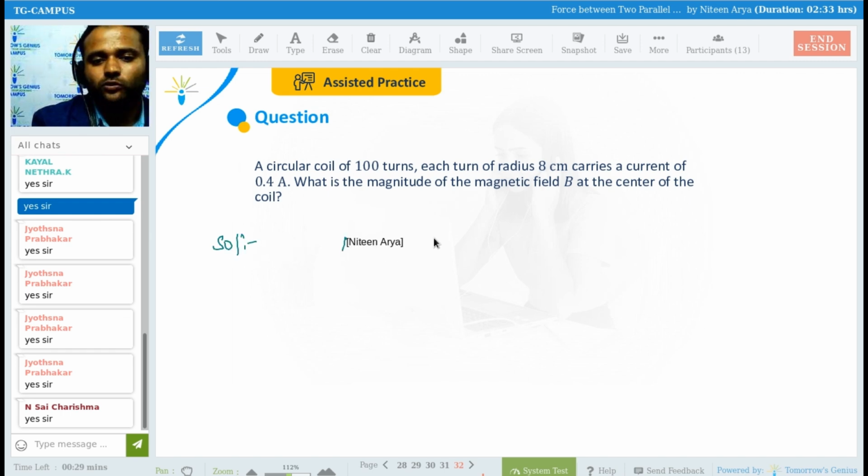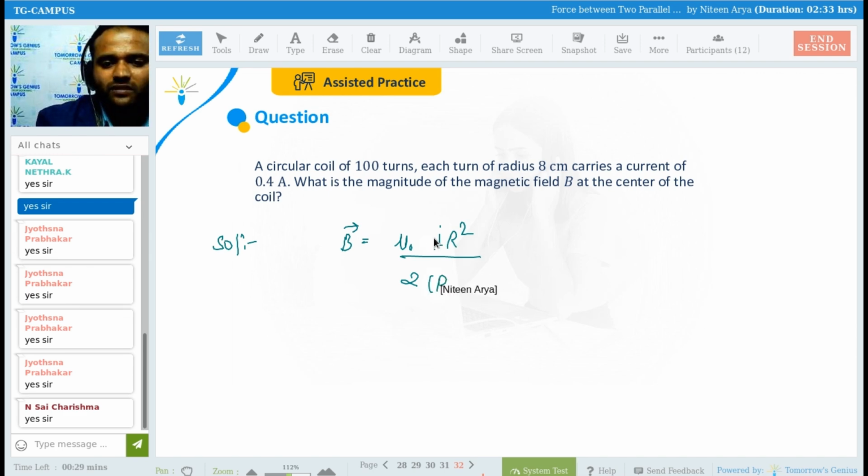The solution is, as we know, the magnetic field B is nothing but mu naught 2 I R square upon 2 (R square plus L square) to the power 3 by 2.